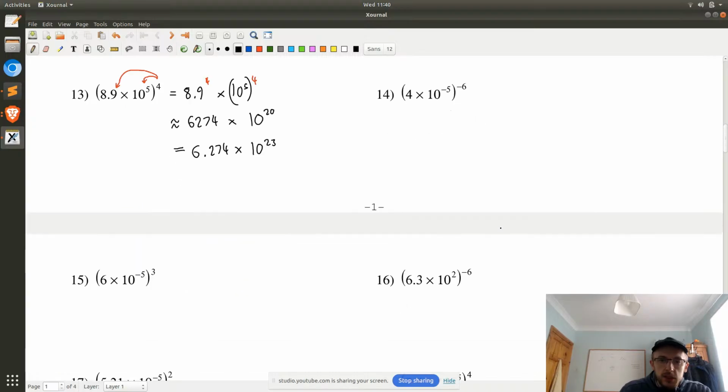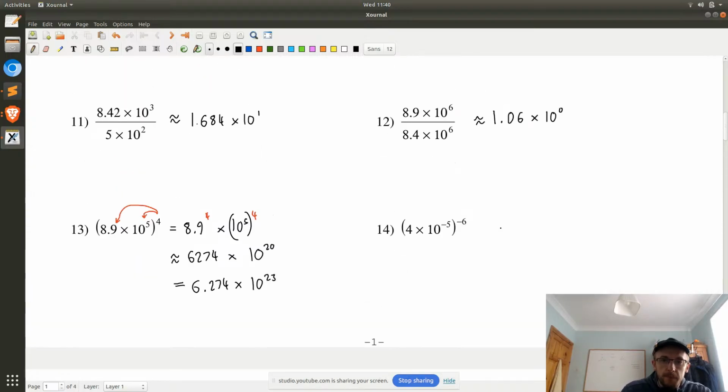But what to do for the 14th one? Well, same logic, right? 4 to the minus 6 and 10 to the minus 5 to the minus 6, which is 10 to the 30. Now, what is 4 to the minus 6?